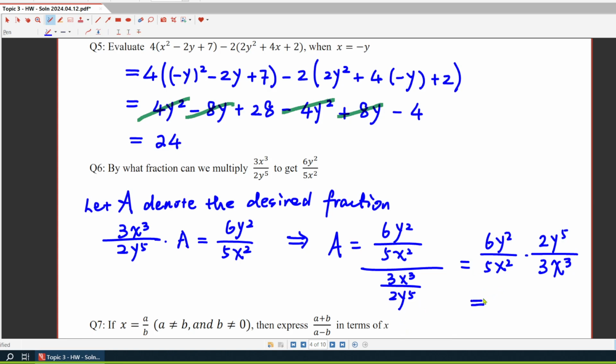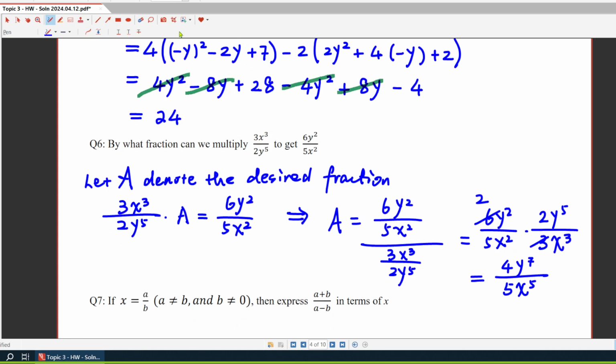And we know that equals, of course, you can cancel a 6 here. That leaves us 2 here. So that's 4y to the power of 7 over 5x to the power of 5. So that is the required fraction you are looking for, right? You follow me?